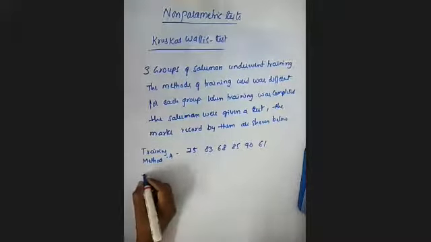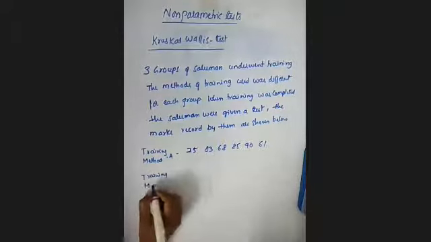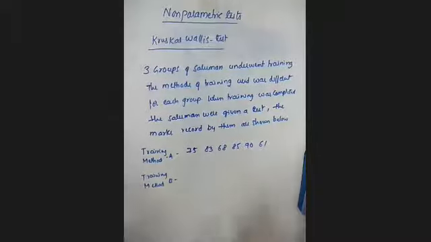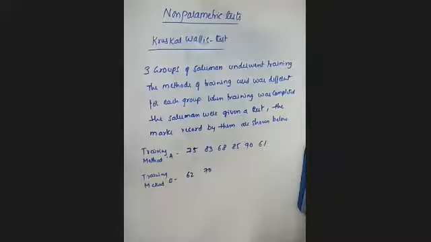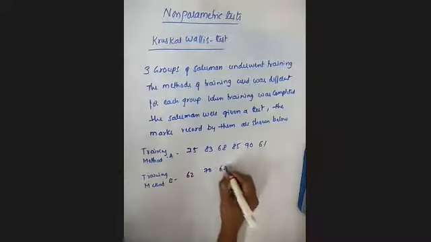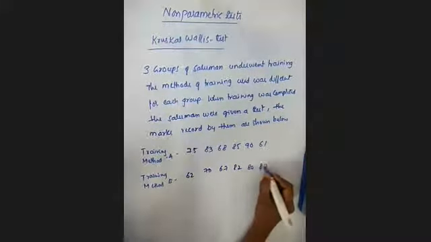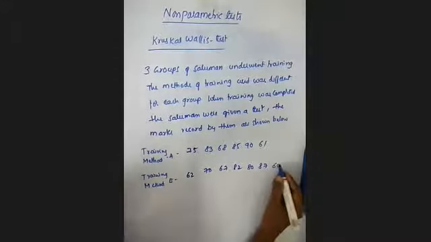Next is training method B: 62, 70, 67, 82, 80, 87, and 64.